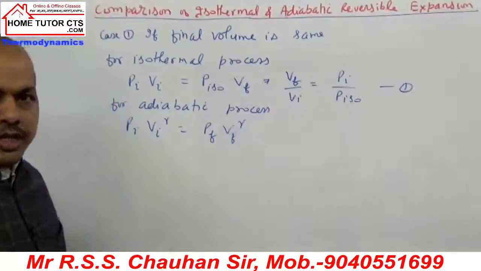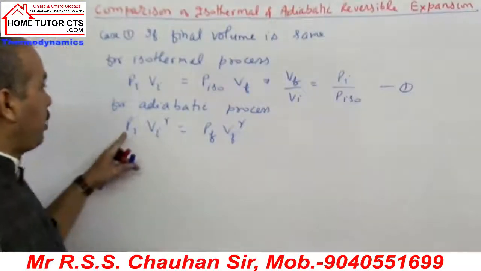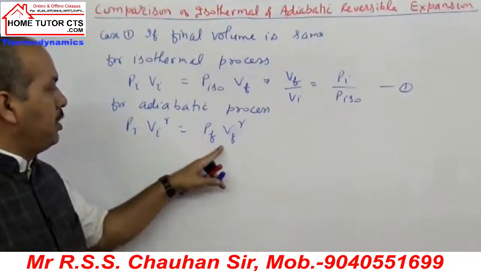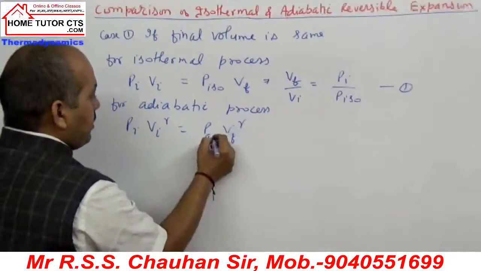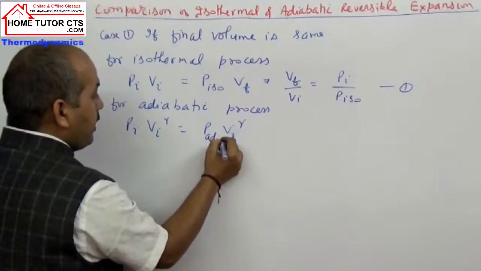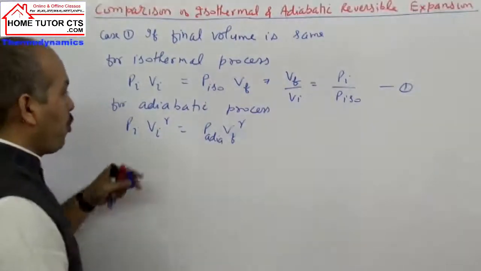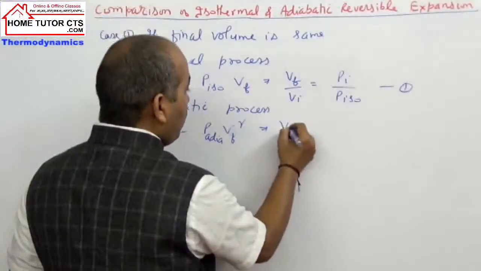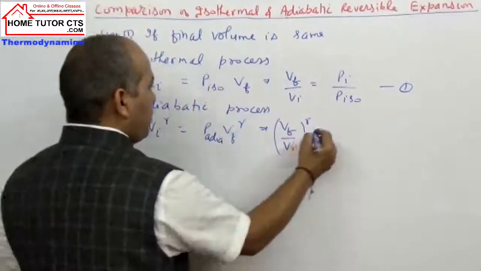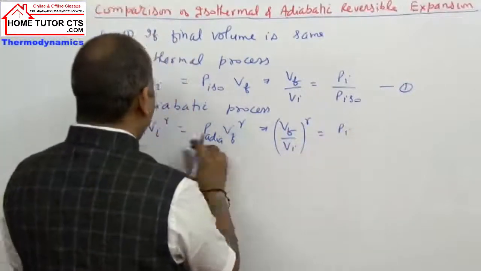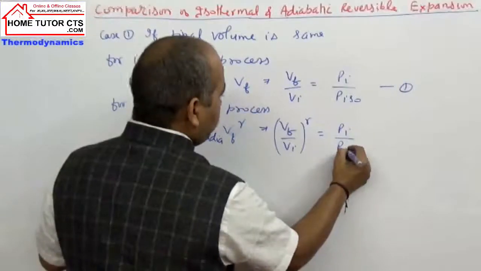That PV gamma constant expression you can use here. I will write P final as P adia, meaning the final pressure in the adiabatic process. From here, the ratio of the final volume by initial volume, power gamma, is equal to P initial by P adiabatic.